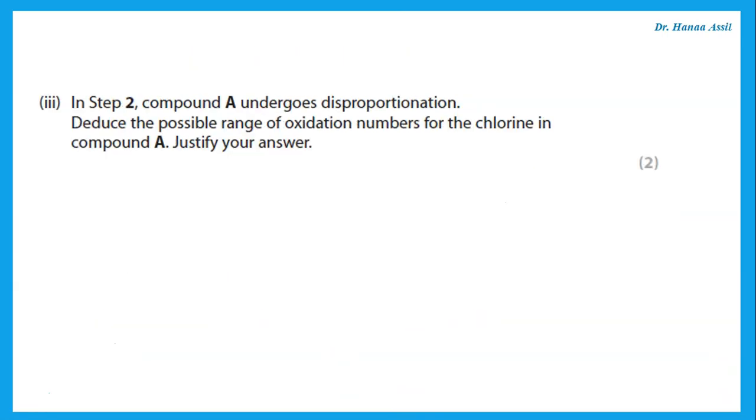In step 2, compound A undergoes a disproportionation reaction. Deduce the possible range of oxidation numbers for the chlorine in compound A. Well, we're told that compound A gives chlorine dioxide and hydrogen chlorate.